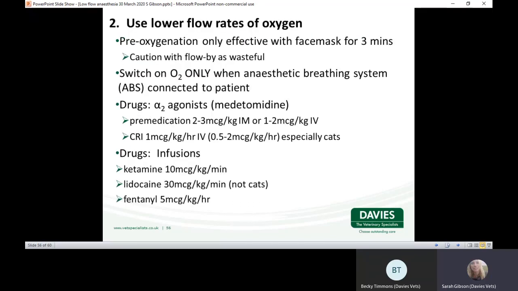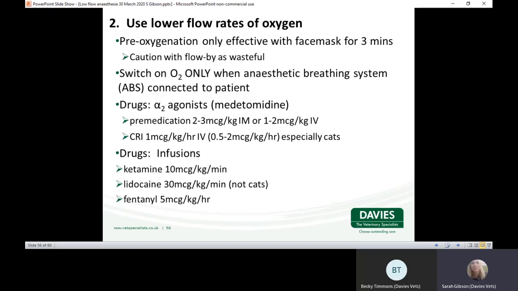So the other way we can reduce oxygen use is to use lower flow rates of oxygen. So things to consider are pre-oxygenation. It's really only effective when you pre-oxygenate with a face mask for 3 minutes. Sometimes we waste a lot of oxygen by doing flow-by that's not really having any benefit to the animal. So just be aware of this and try to minimise the use of flow-by unless it's really essential or it's being done effectively with a face mask.